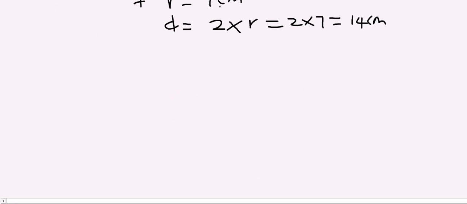Having understood what diameter is, we'll talk about the area. What is the area of the circle?